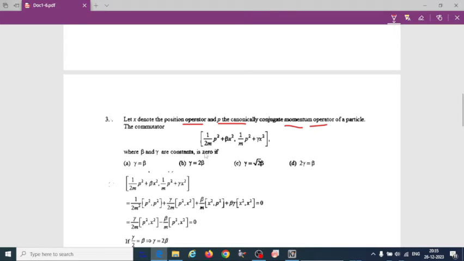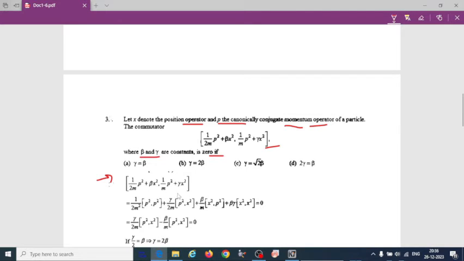The commutator here, they have given the commutation relation where beta and gamma are constants, is 0 if the value of beta and gamma must be, here 4 options they have given. So let us try to find out here.